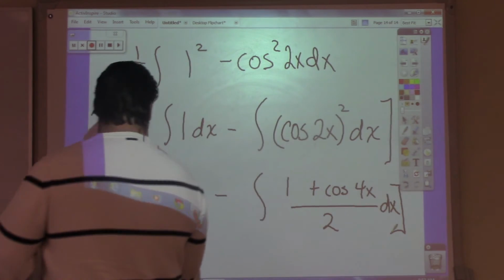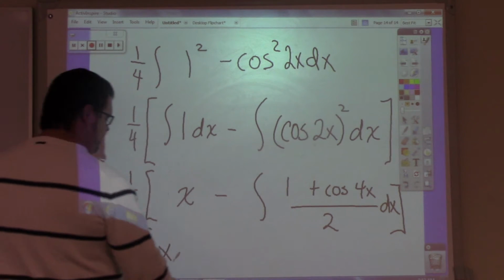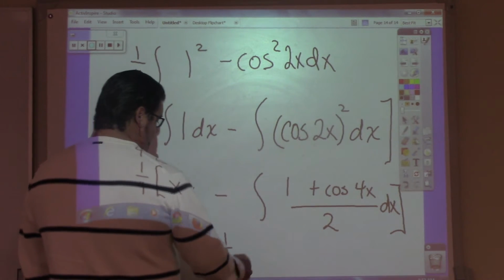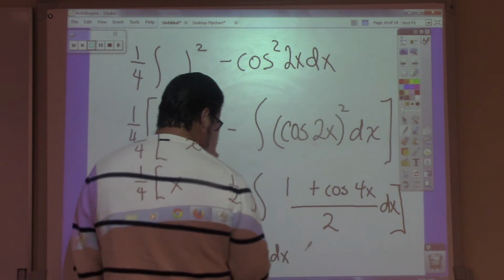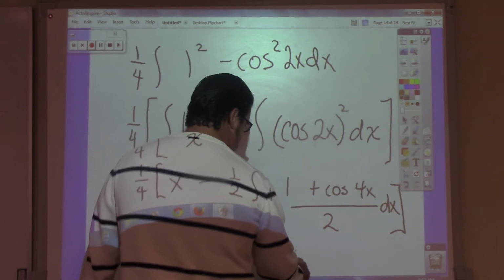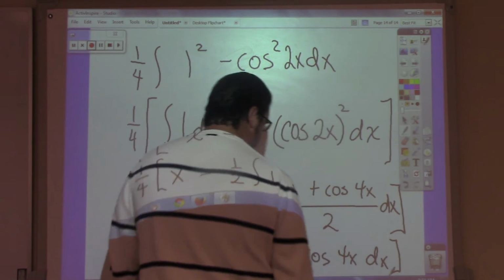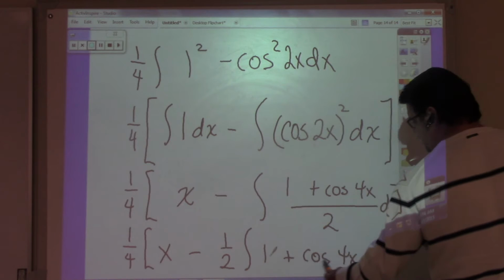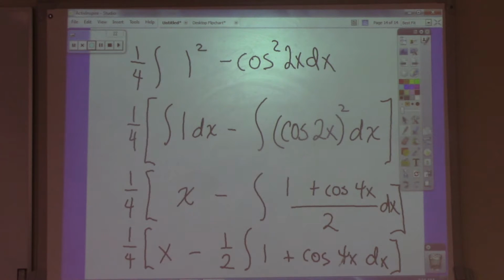So that will be 1/4 antiderivative of bracket x minus 1/2 antiderivative of 1 dx plus, well, no, not 1 dx, but 1 plus cosine of 4x dx. And now you can break this up and get that cosine of 4x.